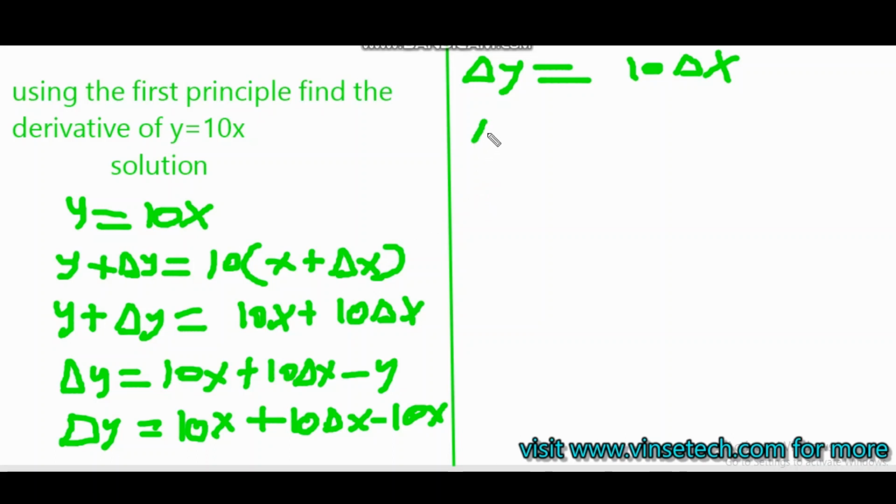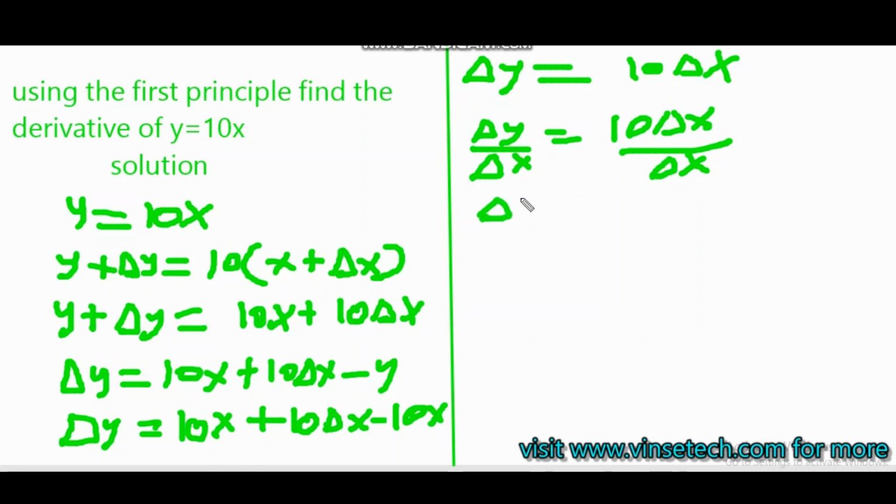Dividing both sides by delta x, we now have change in y all over change in x is equal to 10 change in x all over change in x. You could see that the two change in x can cancel out, so we now have change in y all over change in x is equal to 10.